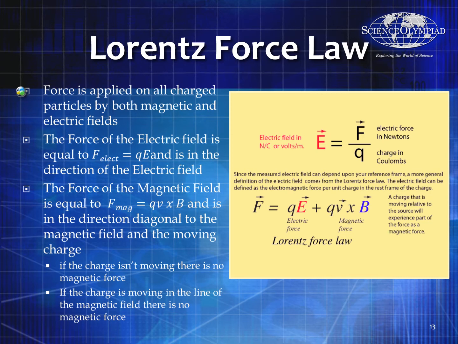Now, you can also determine the same for the magnetic force. Okay? The force of the magnetic field is equal to Q, which is the amount of charge, V cross B. Now, V is the velocity, and B is the magnetic flux.